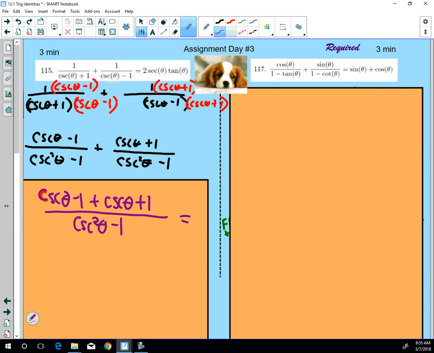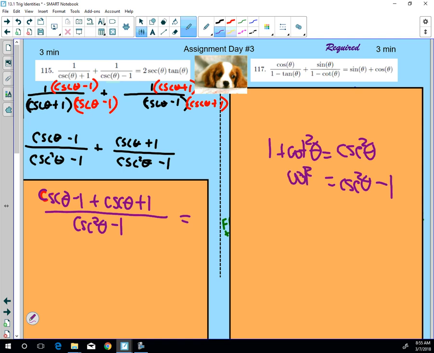Now this is a Pythagorean identity. What's cosecant squared minus 1 equal to? Well, let's write it here. 1 plus cotangent squared equals cosecant squared. So what is cosecant squared minus 1 equal to?